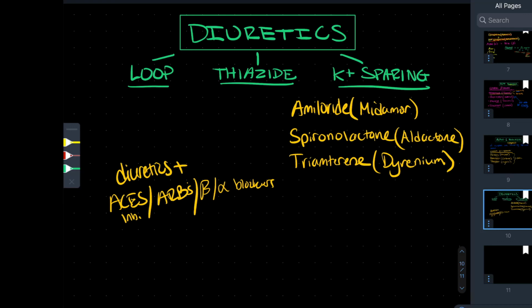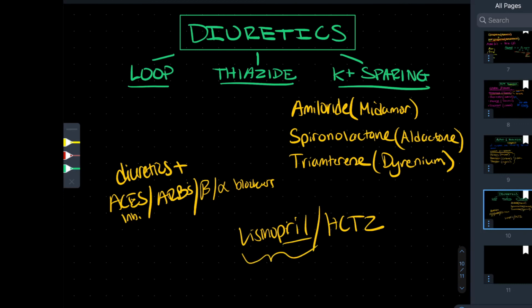So often you'll see there's a lot of combo pills. Triamterene and hydrochlorothiazide can be together, which are a thiazide and a potassium-sparing. Or you'll see lisinopril and hydrochlorothiazide.